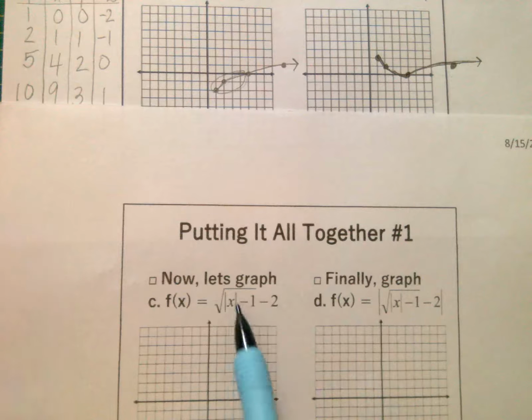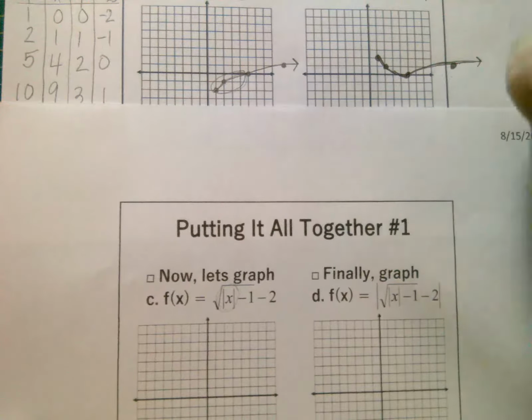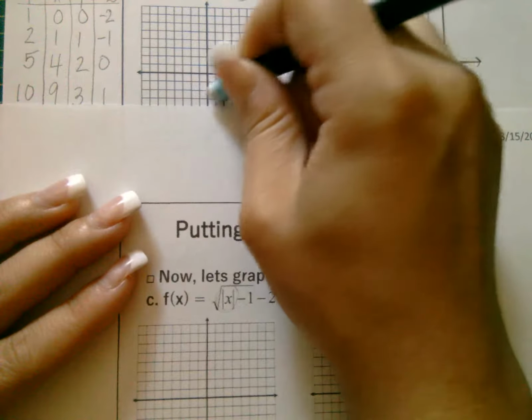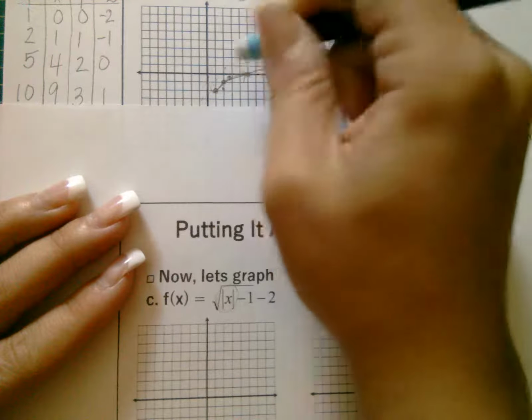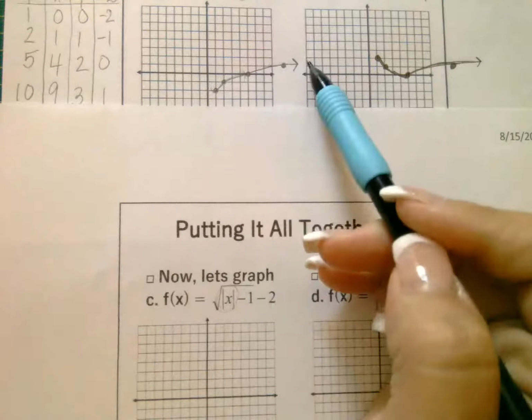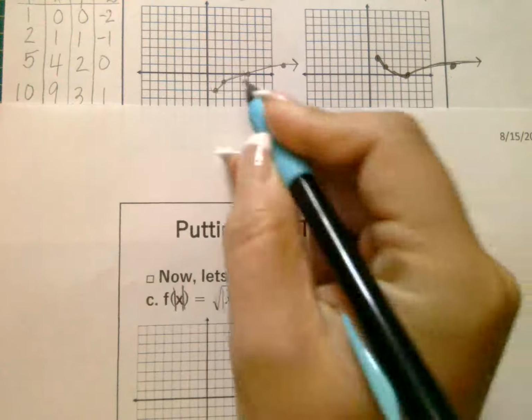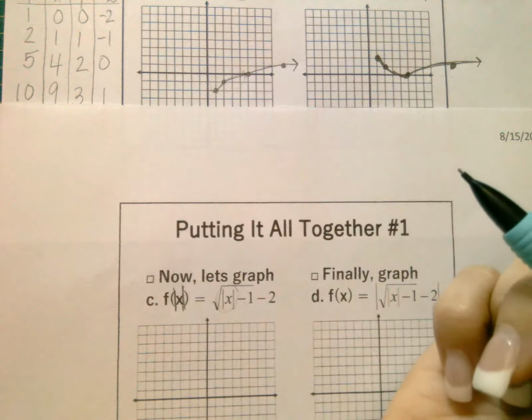Okay, and now we want to take the absolute value of just the x. So we're basing it off of this same original. Let me get rid of this. We don't have to recreate a new original function. We're just going to base it off of that graph we already have.